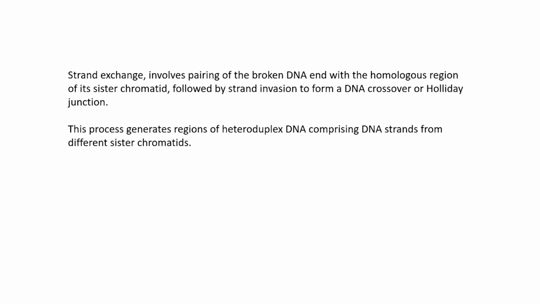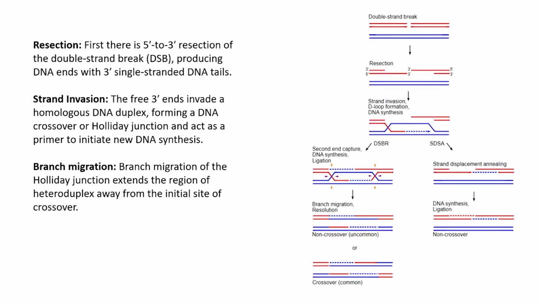Strand exchange involves pairing of the broken DNA end with the homologous region of its sister chromatid, followed by strand invasion to form a DNA crossover or Holliday junction. This process generates regions of heteroduplex DNA comprising DNA strands from different sister chromatids.